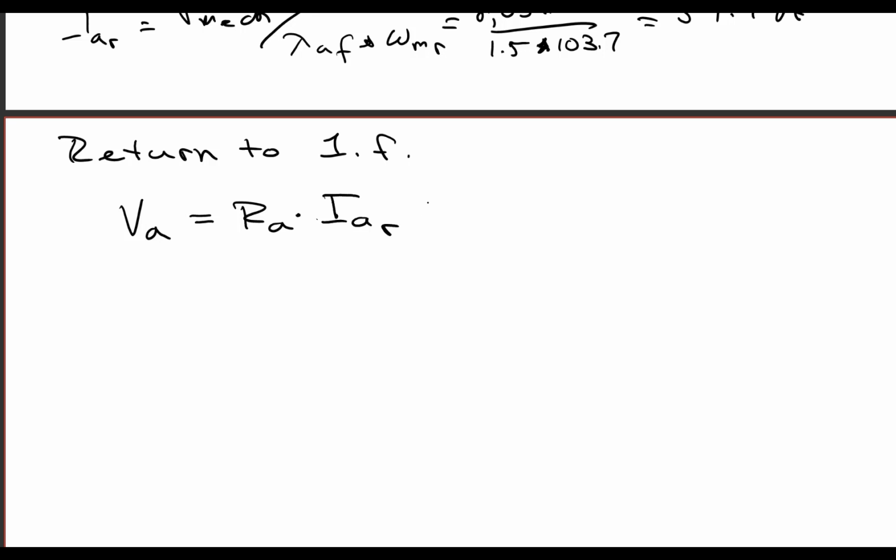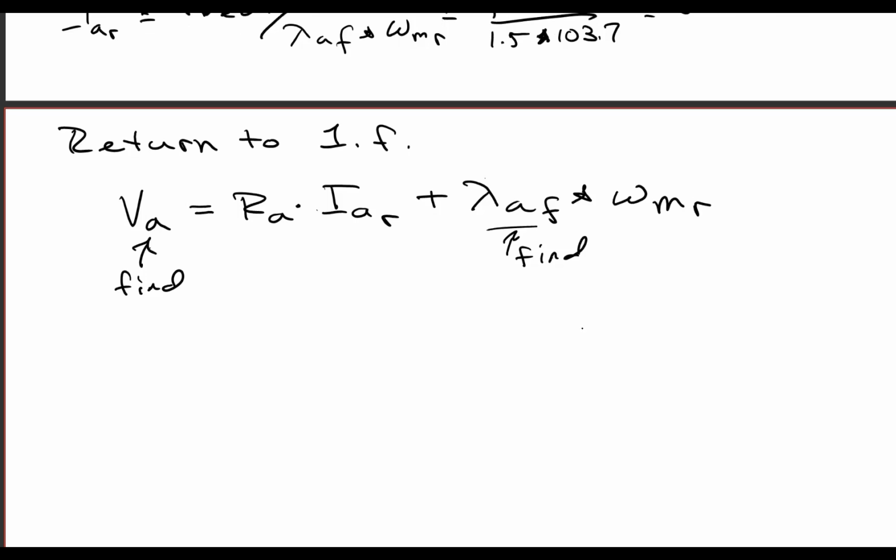I_A rated plus lambda AF. Now, this is not nominal. We're going to have to find this. But we also have to find this, because this is what's limiting us. So lambda AF times omega M, and we're under that rated condition.